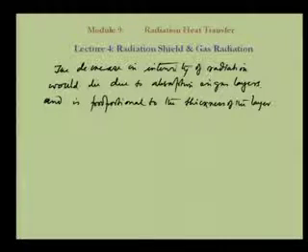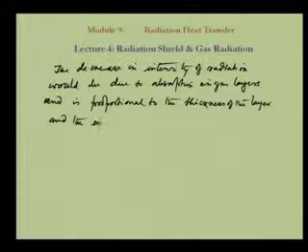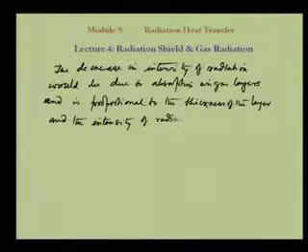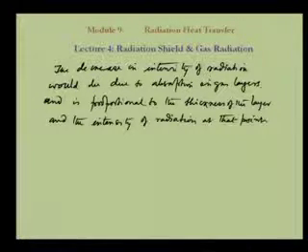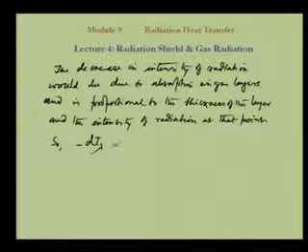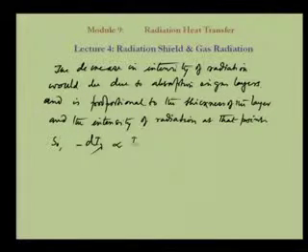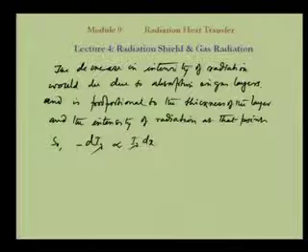So after passing through a small layer of differential thickness dx, the intensity is decreased to some extent. So if the decrease in intensity is d I lambda, minus d I lambda, it is proportional to I lambda, and it is also proportional to dx.